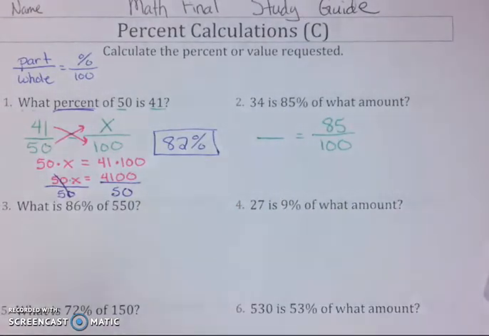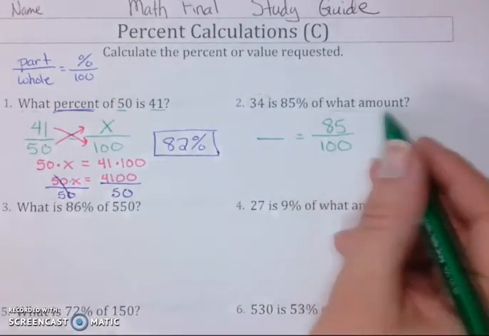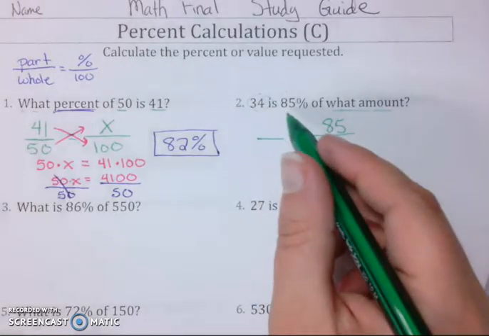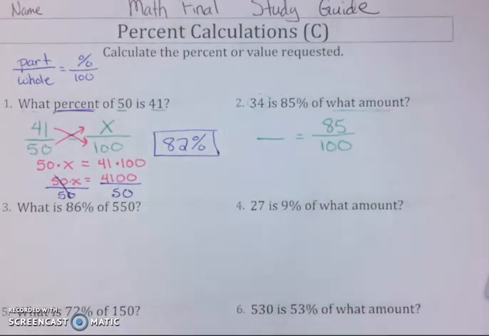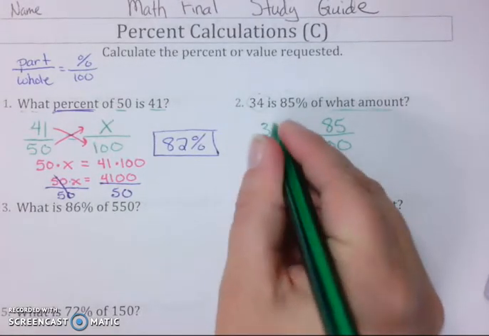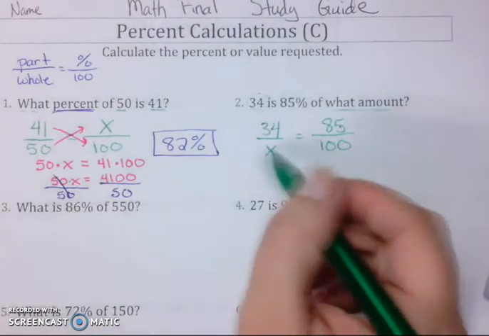So 34 is the part, because I'm taking 34 out of what amount? So this is the whole, right? 34 is 85%. So that's the percent we're taking out of the whole. So I'm trying to find the whole here. 34 is the part I'm taking out. So 34 is 85 of what whole?